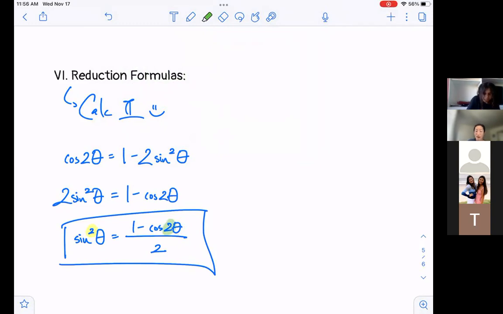It is not a power. So the reduction means you go from a power of 2 to a power of 1. That's where the name comes from. Let me say that one more time: the reduction part is you went from a power of 2 to a power of 1.